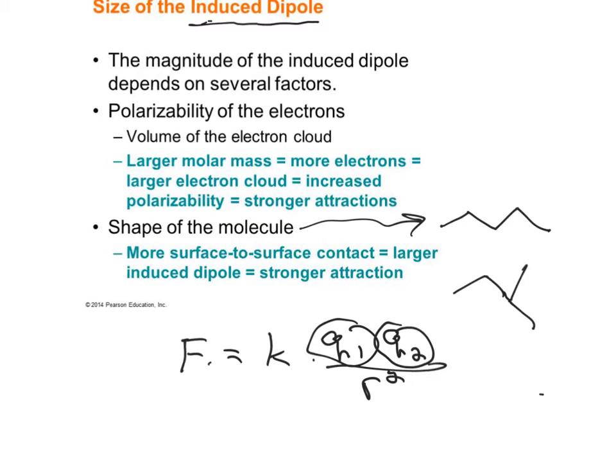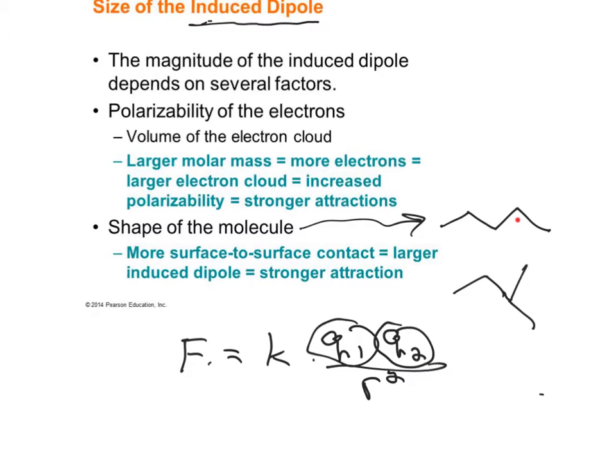If we have a longer molecule with fewer branches, there'll be more surface-to-surface contact. So more of these will see each other than in this case, because the branches cause not as nice of a stacking of the molecules. If you had another molecule like that, it could lay out and have more surface-to-surface contact. In general, when they have more surface-to-surface contact, they're going to have more induced dipoles to interact with each other.